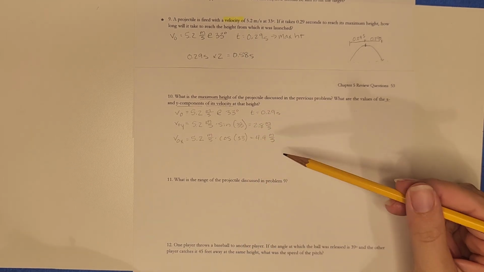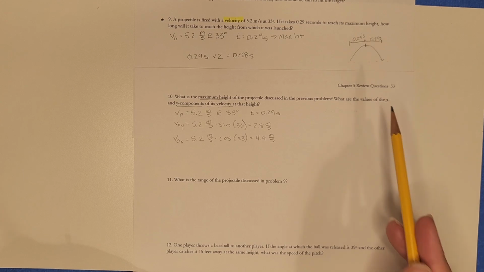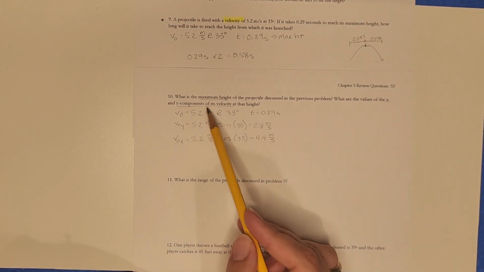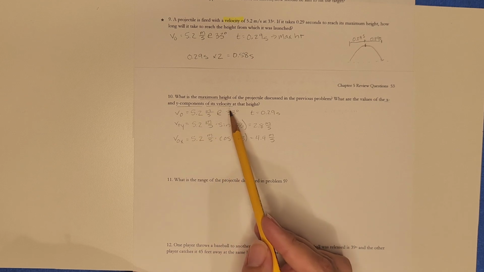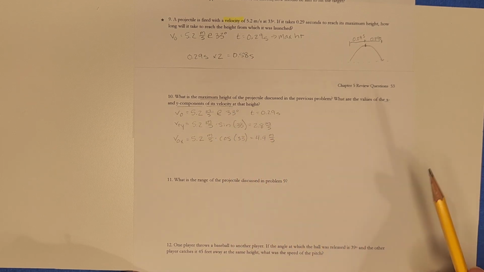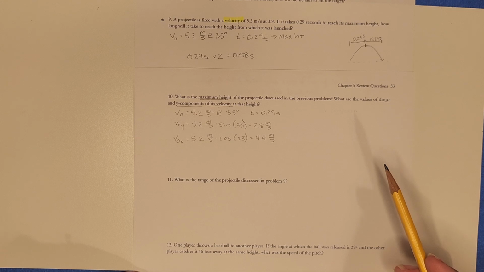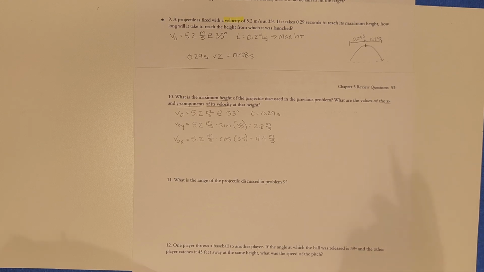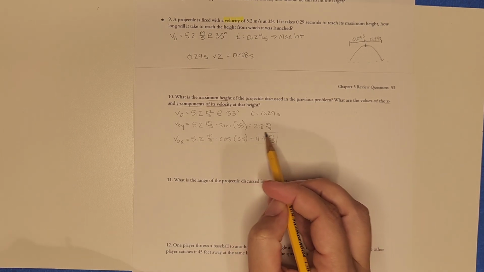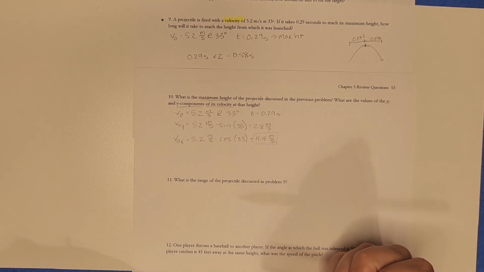So now that we've done this, we can actually already answer the second part of this question. So what are the values of the x component and y component of its velocity? So we know that x component does not change throughout the course of a projectile's travel. The velocity does not change. And so the x component is going to be 4.4 meters per second.